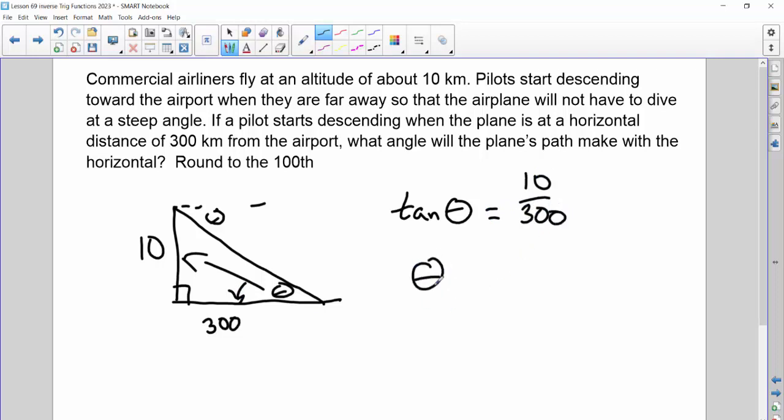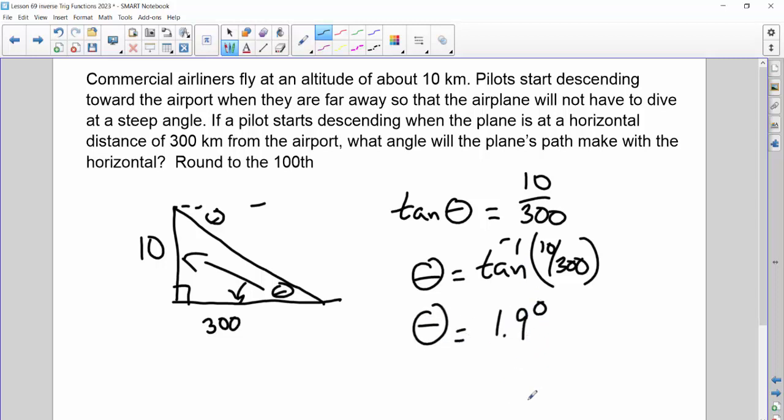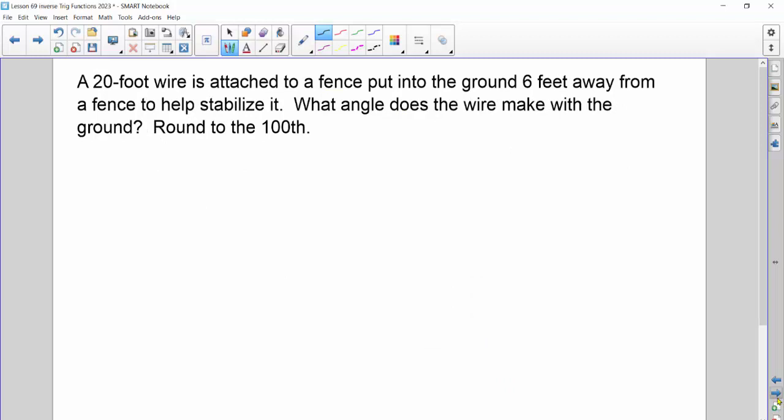So now if I want theta, I just take the inverse tan of 10 over 300. And then I can use a calculator to approximate that to the hundredth. And it turns out that theta is about 1.9 degrees.